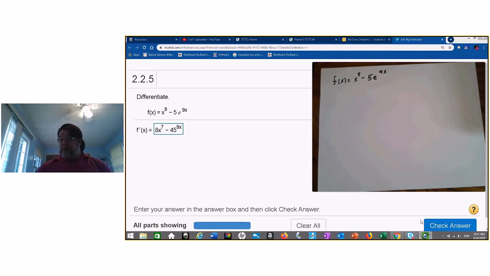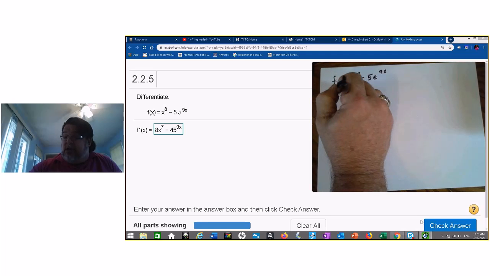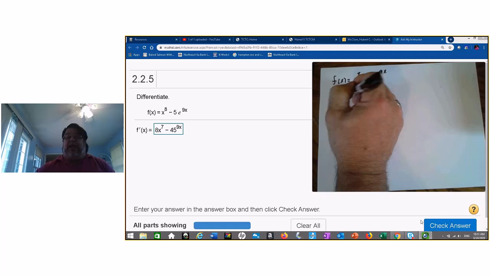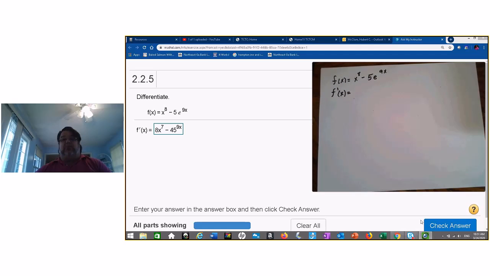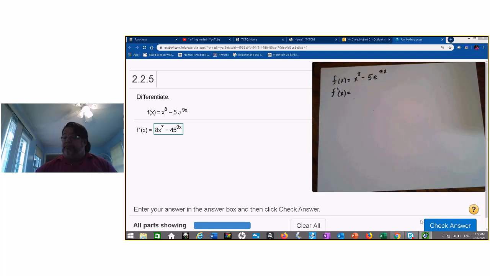You just take f prime of x. How is the Word document working? Is there much of a lag now? It's showing f of x equals x to the 8th minus 5e to the 9x. And now you're right. Next part. Okay, evidently the lag is getting better.